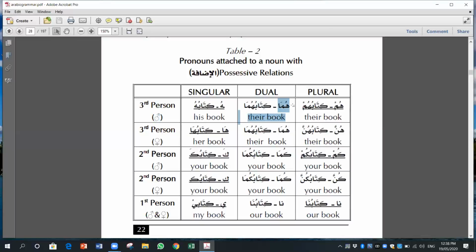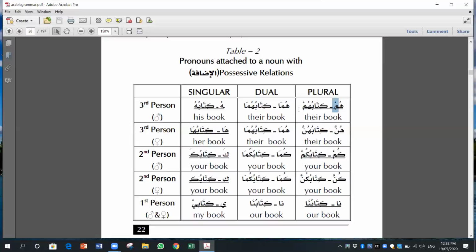So kitabuhuma, their book. Like I'm talking about two boys and I'm saying this is their book. And kitabuhum is, in the detached also, the same. Huma, exactly. Both plural and dual are the same for detached and attached.